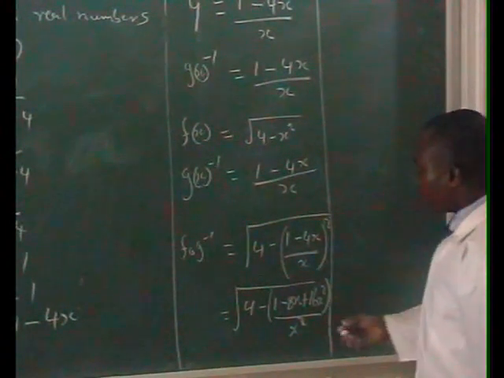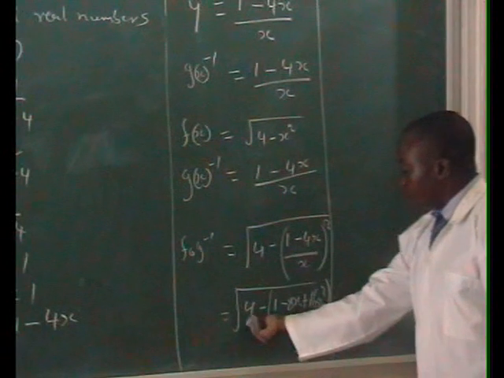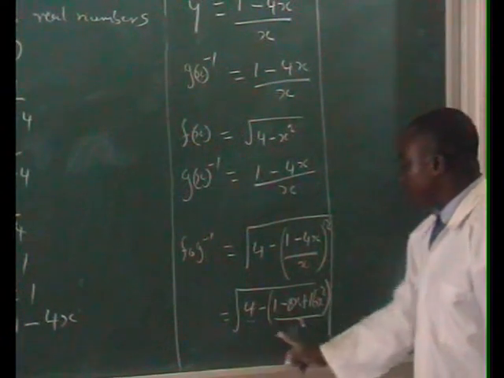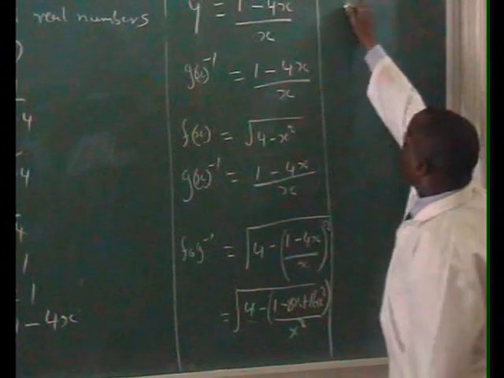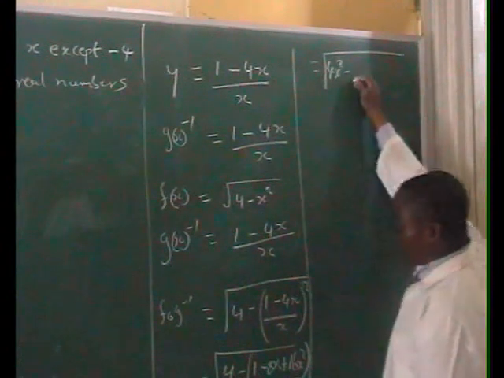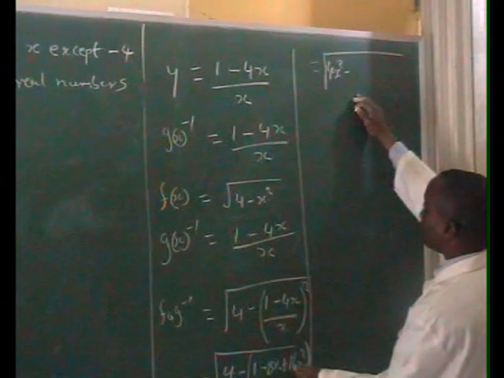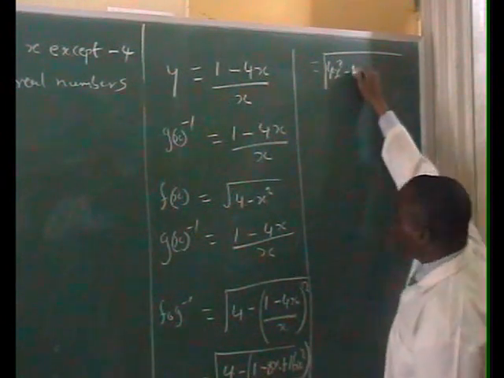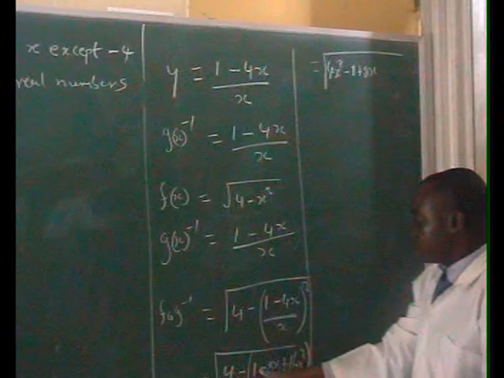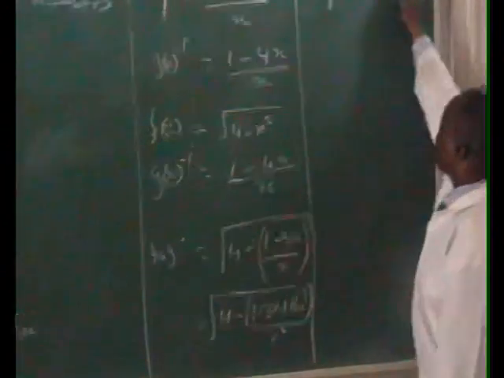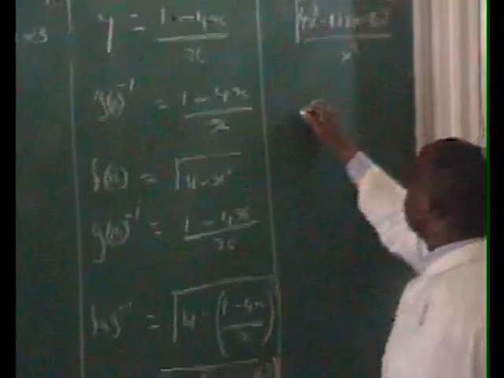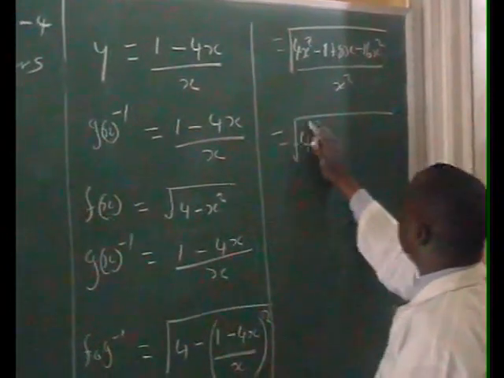Now, if I take the LCM of this, remember that this is 4, and this is over 1. So I can take the LCM of this. And if I do that, I will have 4x squared minus, of course, everything here will still be the same as this. So what I will have is minus 1 plus 8x, because this times this becomes plus 8x, then minus 16x squared all over x squared, which is the same as now 4x squared.